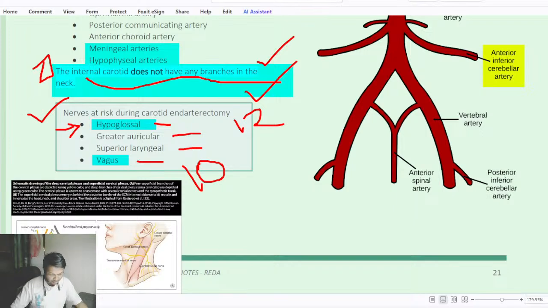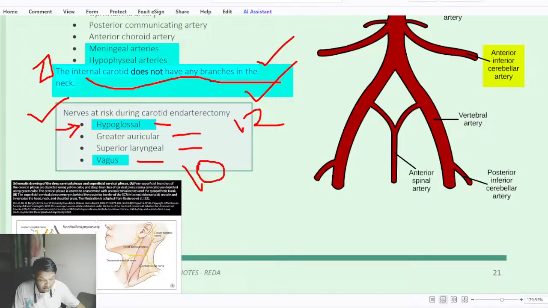What nerves are at risk during carotid endarterectomy? Lingual, hypoglossal, and vagus. Hypoglossal and vagus are correct, but lingual will not come here.